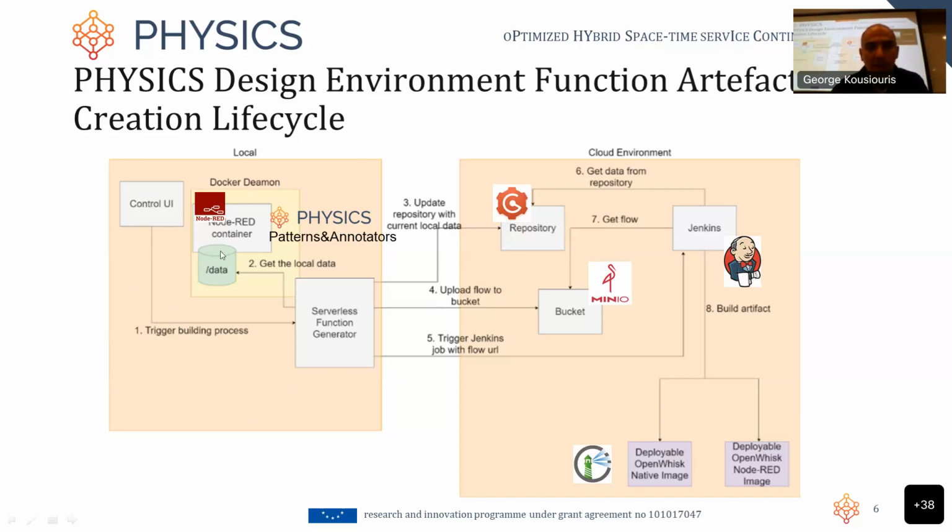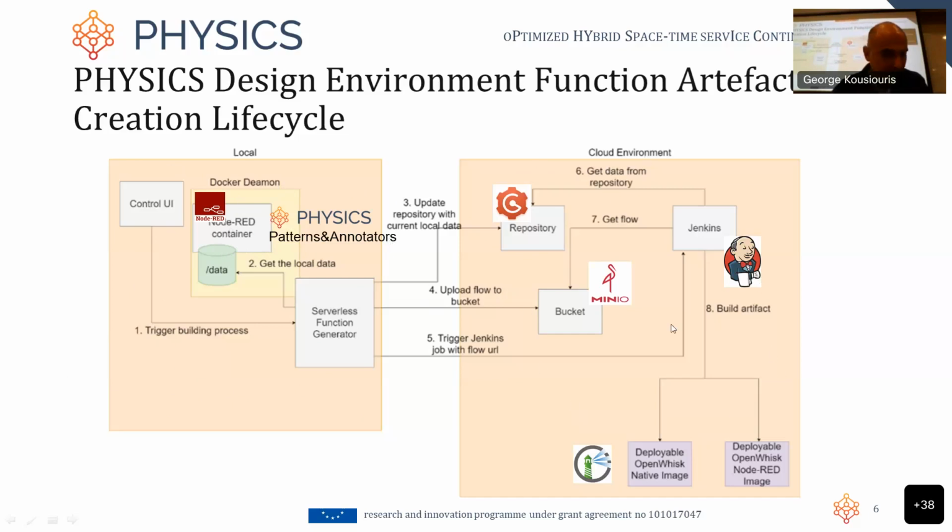The main part of the editing is done at the Node-RED container side. This is a local container that is also enriched with the PHYSICS provided patterns and annotators in the palette. And the serverless function generator component is responsible for contacting the backend cloud environment that hosts the majority of the services.